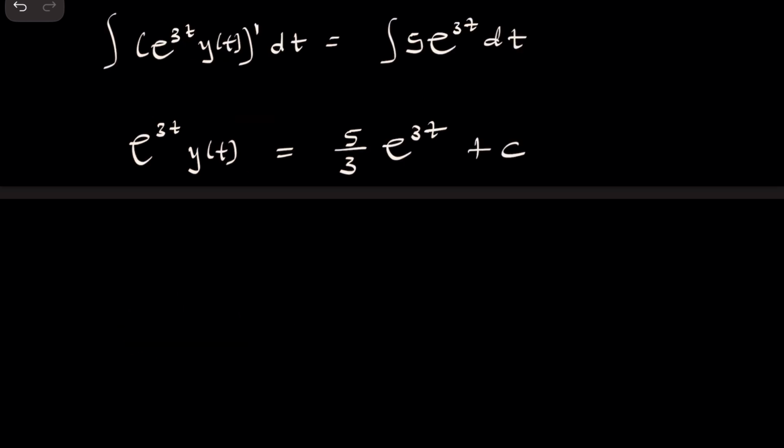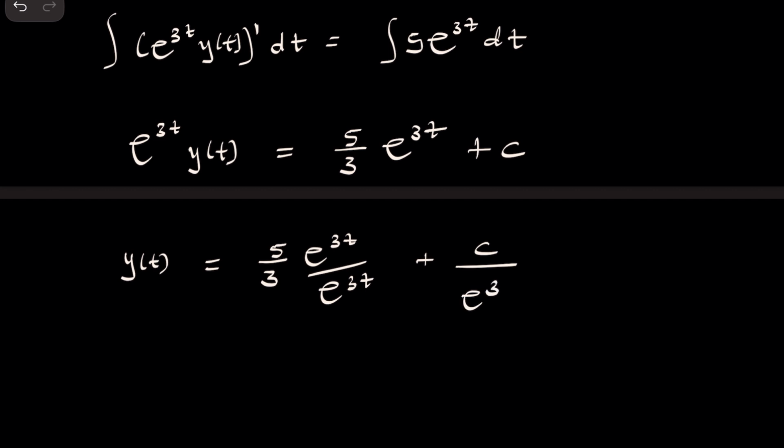From step 5, we have to solve for y(t), so we are going to divide both sides by e^(3t). So we have y(t) is equal to 5/3 e^(3t) divided by e^(3t), plus c divided by e^(3t).